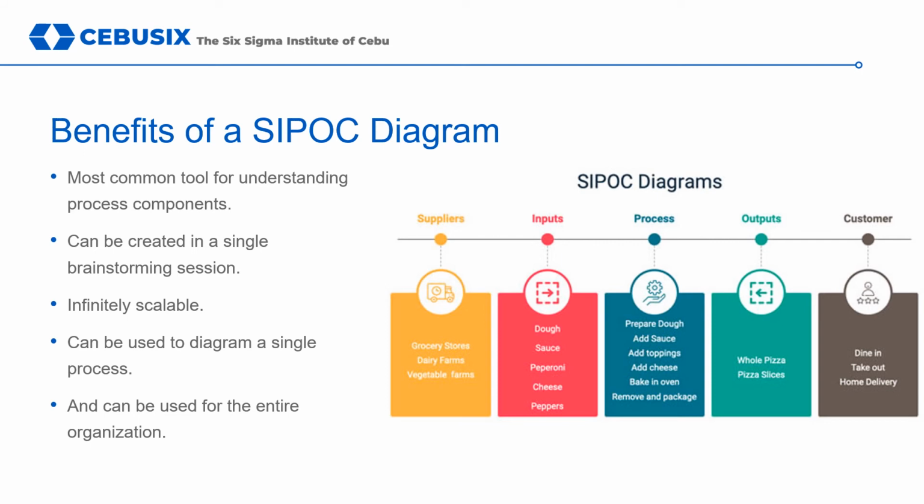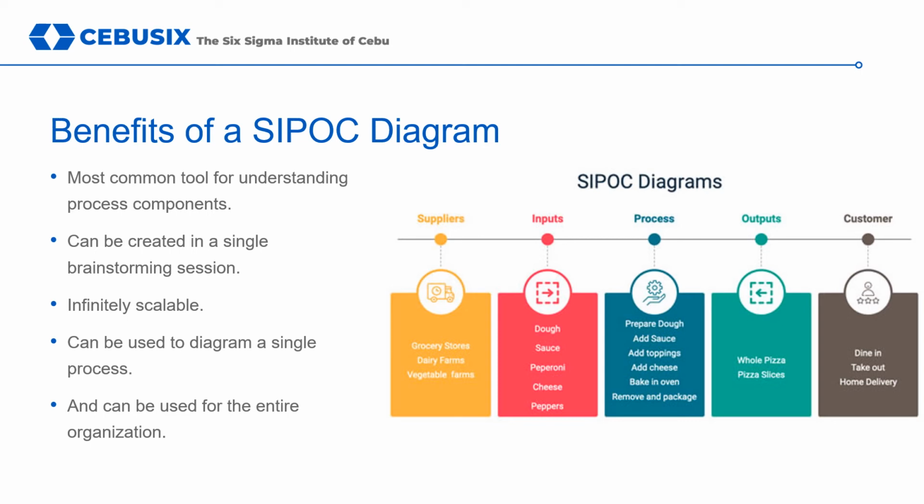The SIPOC diagram is one of the most often used tools for understanding process components and process relevance because it is so effective and simple. Teams can create SIPOC diagrams in a single brainstorming session, though effective diagramming usually requires the presence of a process owner and one or more subject matter experts who are familiar with the process on a daily basis.